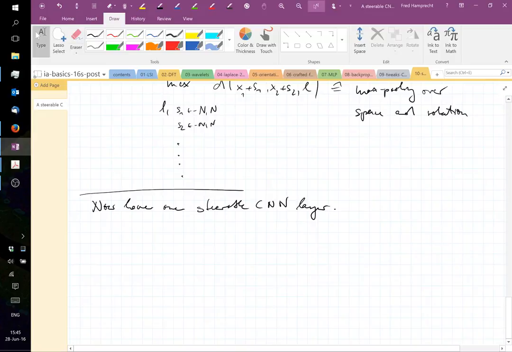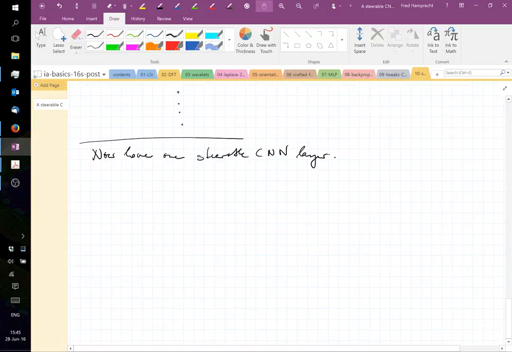Okay, now I have a few more comments on what the computation graph looks like that we use in neural networks. Last time when I started discussing neural network architectures, I drew pictures like this.